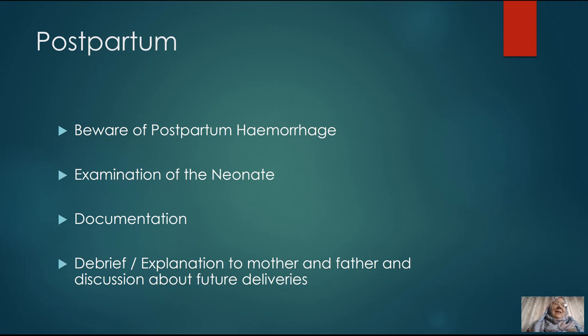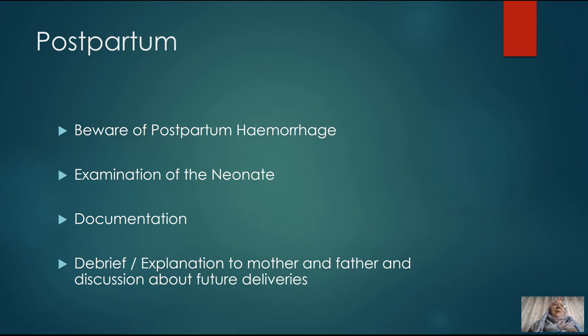Also, the neonate needs to be examined very carefully, so you need to call the pediatrician, of course, and tell them what happened so that they can look at the baby. You have to document all your maneuvers and everything very well. This is especially important as often neurodevelopmental delay only presents later in a baby's life, and at that point you will not remember what actually was done.